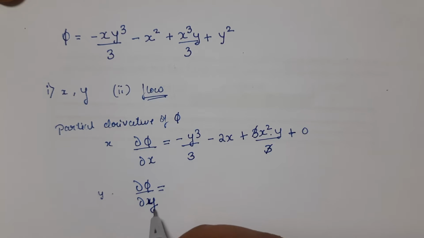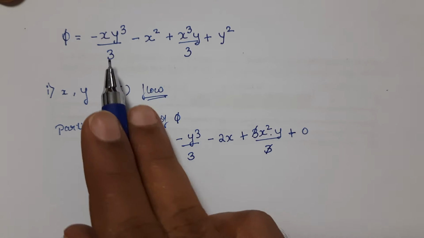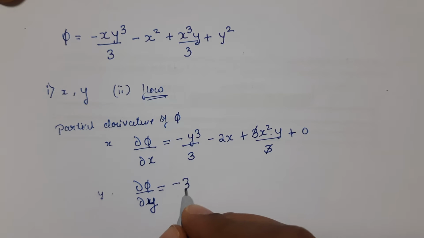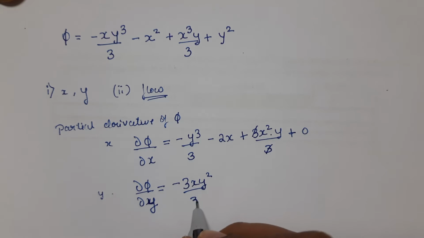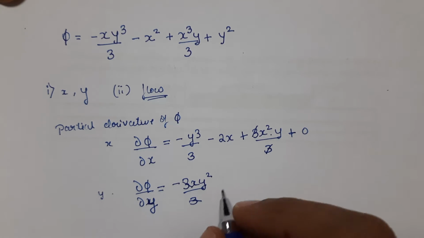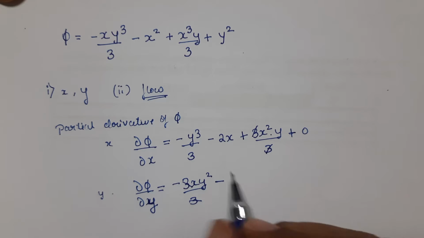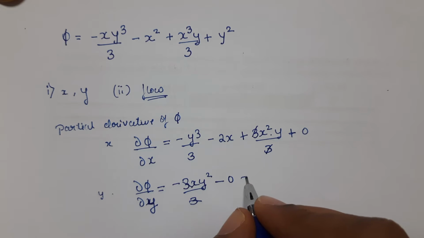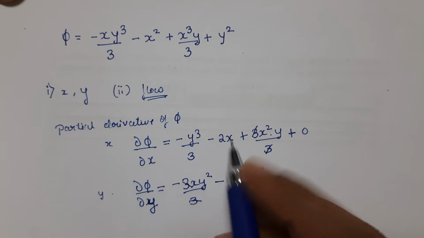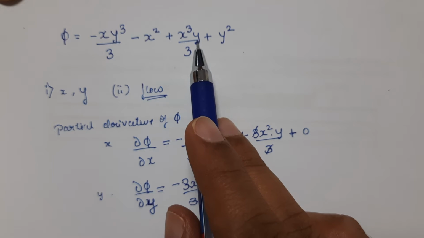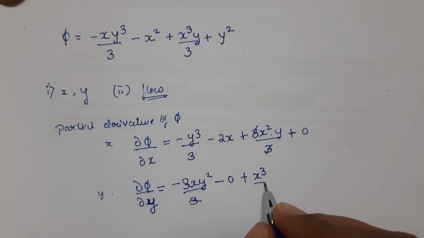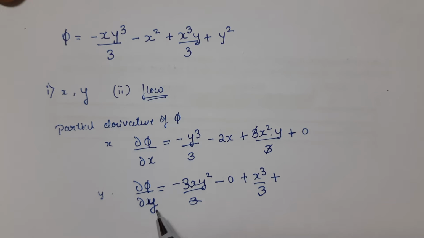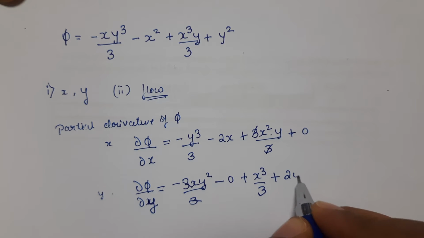Okay, then next one is with respect to y, that is dou phi by dou y. With respect to y, it will be minus 3x y square by 3, so I can cancel this out here again, minus 0 since there is no y component here, plus x cube, differentiation of y is nothing but 1, so x cube by 3 plus with respect to this thing it will be 2y.